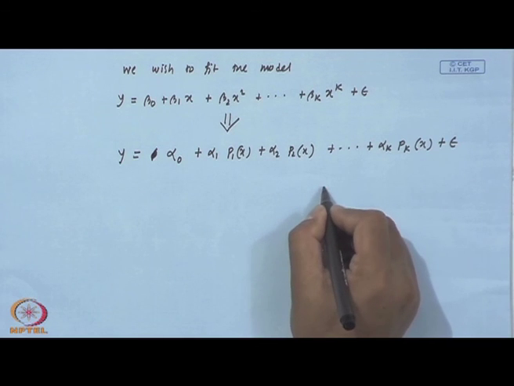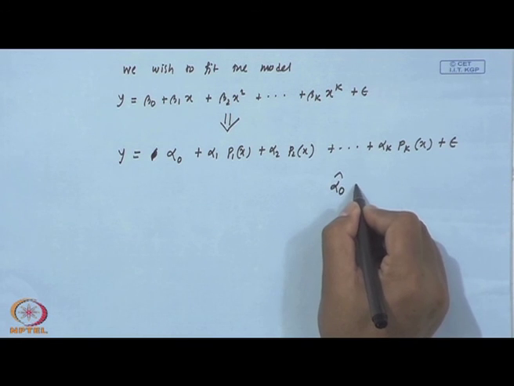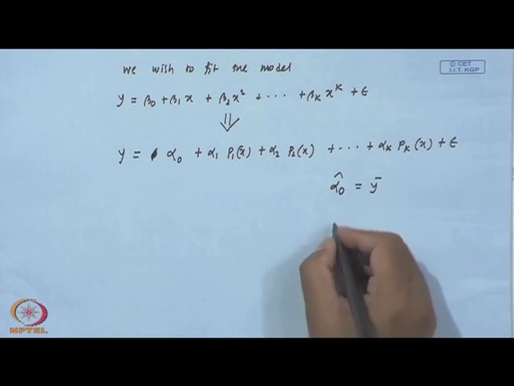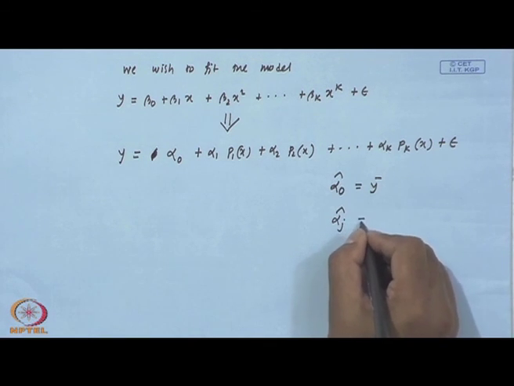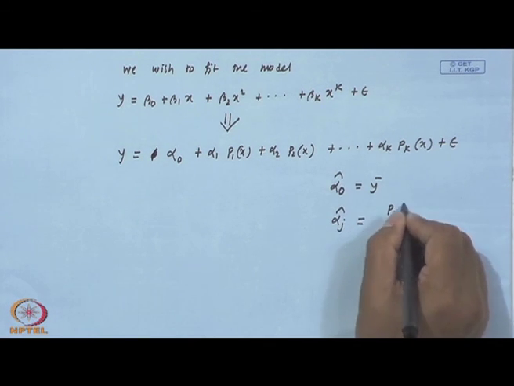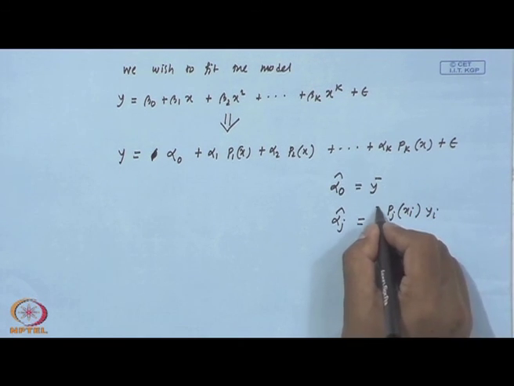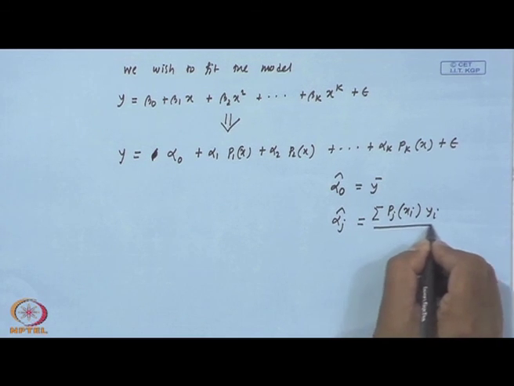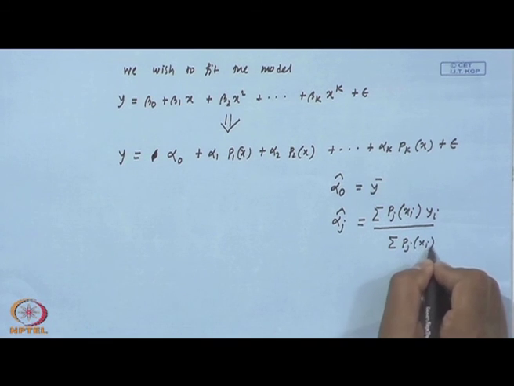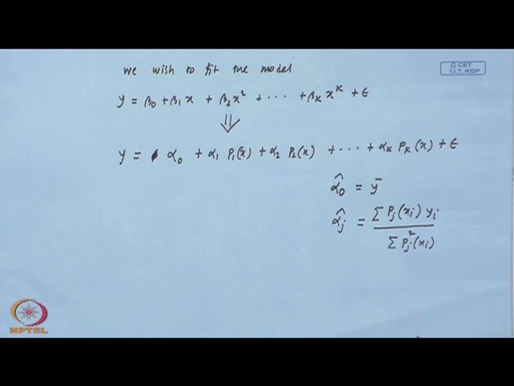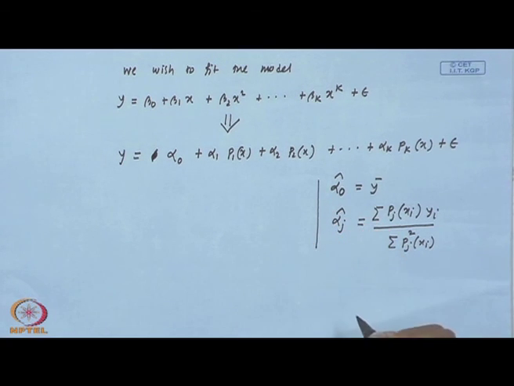What we know is that alpha naught hat is equal to y bar, and alpha j hat is equal to the sum of p j of x_i into y_i, divided by the sum of p j of x_i squared.